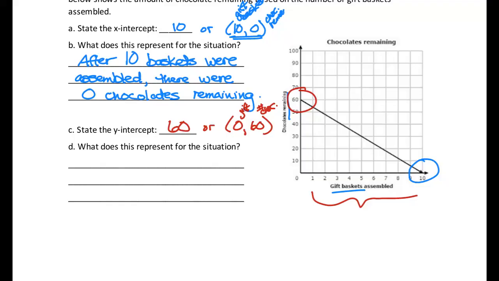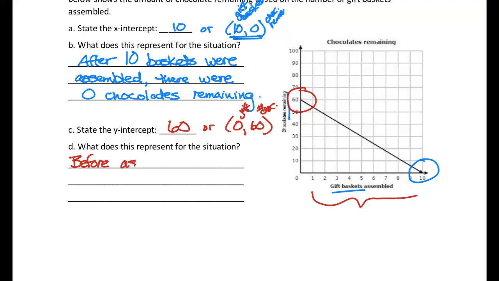Well, I would say before assembling any baskets, there were 60 chocolates. And we say before because time hasn't even, we haven't done anything yet.